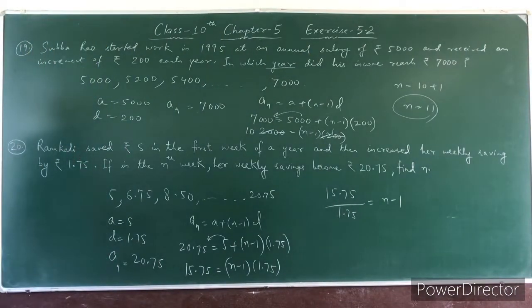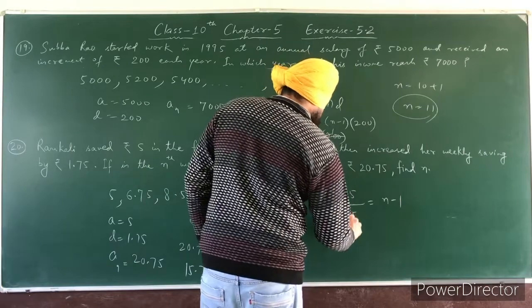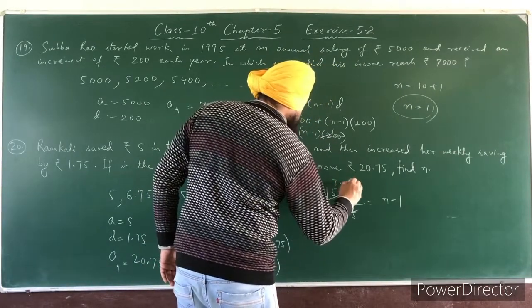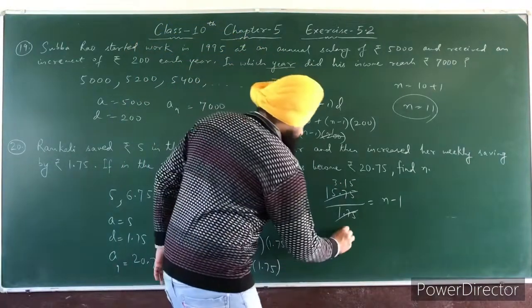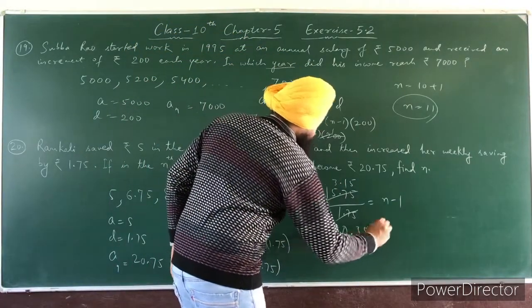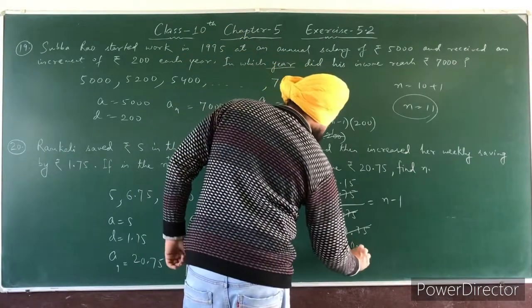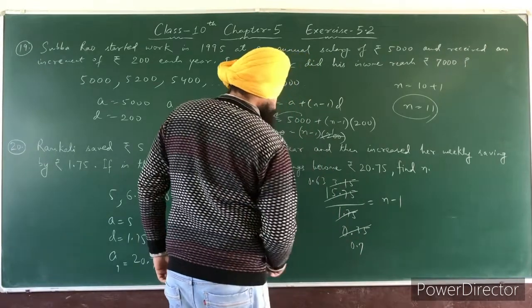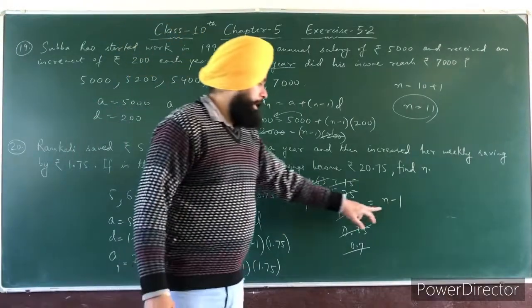Now it cancels with 5, and so on, until 9 is equal to n minus 1.